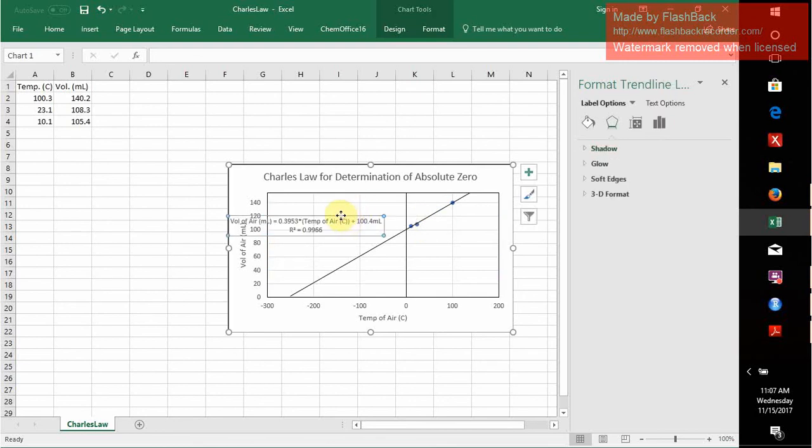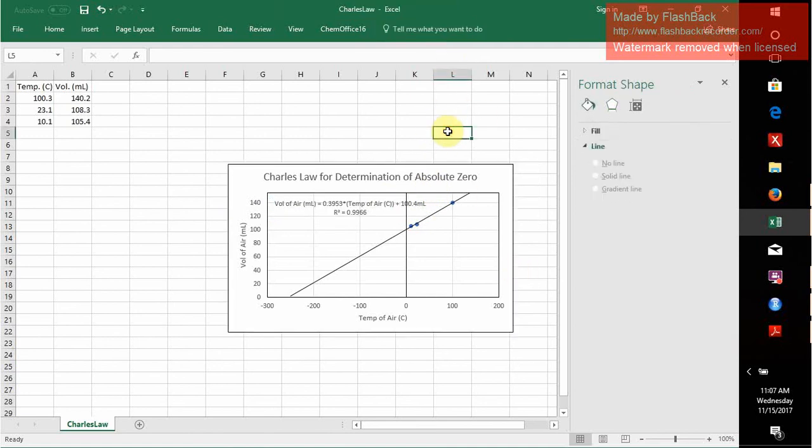And let's move that a little bit again. The equation gets a little long when you adjust it as we have. Okay, that looks pretty good.